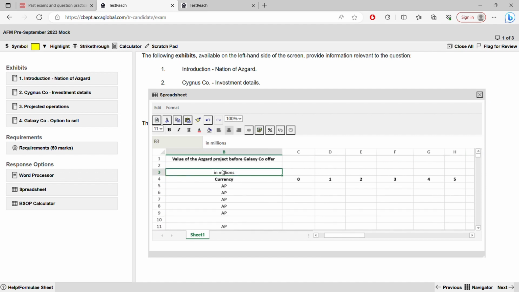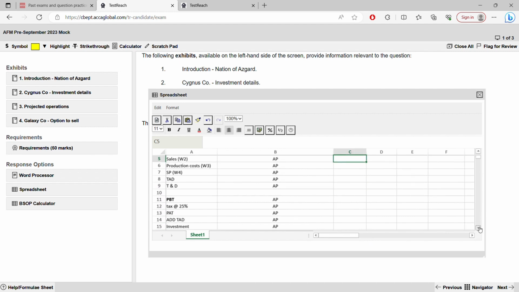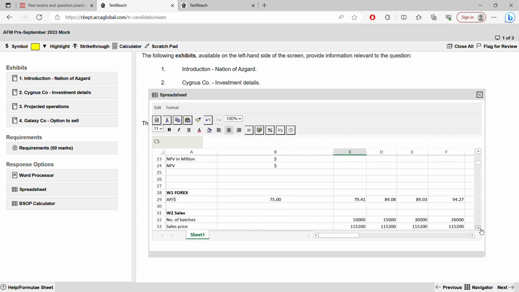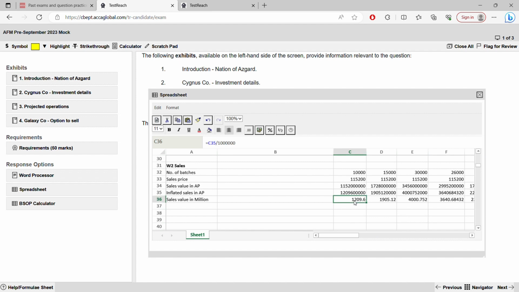I will not write this in millions, rather I will take the entire amount, because you anyway have your answer. You can check there, it's in millions. So I will take the exact amount, just for a change. But at least know how I have taken the answer in millions.